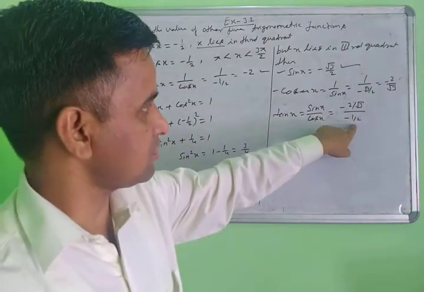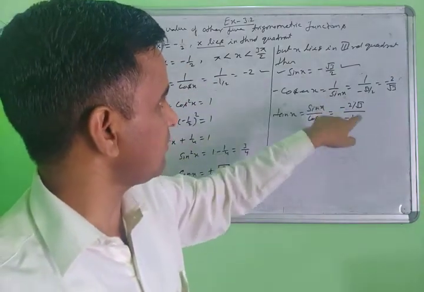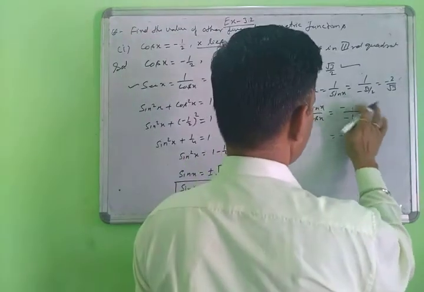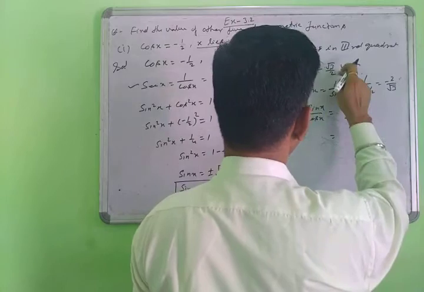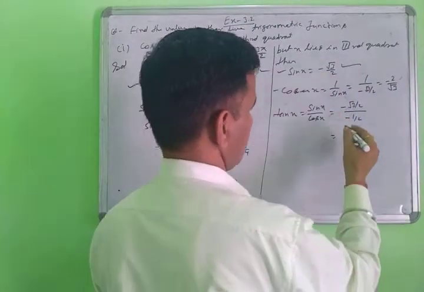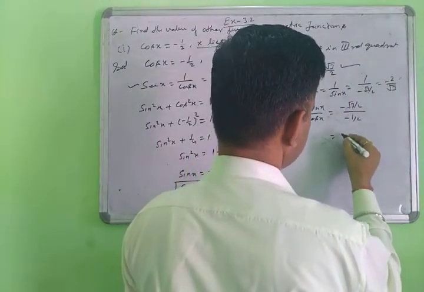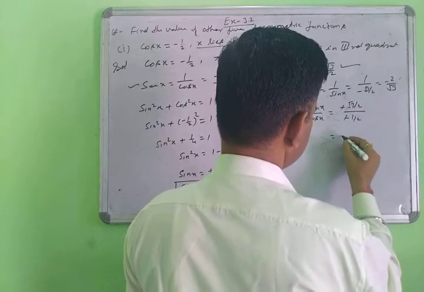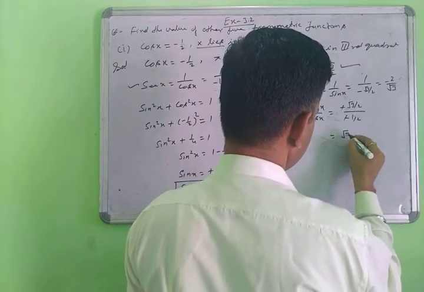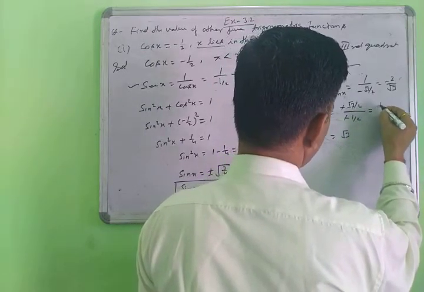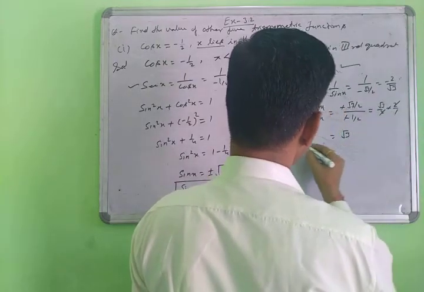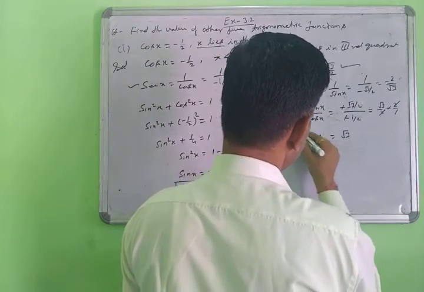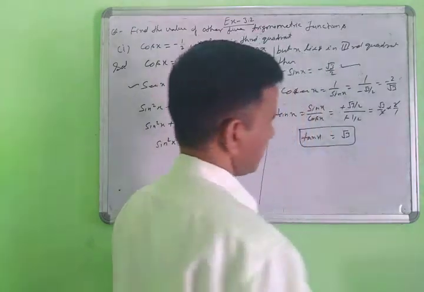Minus and minus cancel. So root 3 by 2 into 2 by 1, the 2 will cancel. What is left? The value of tan x is root 3.